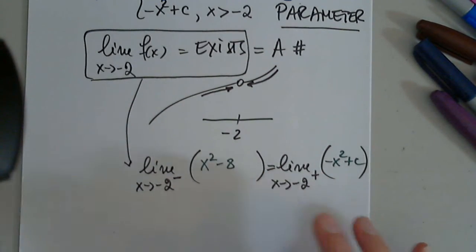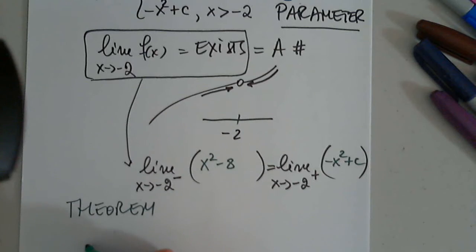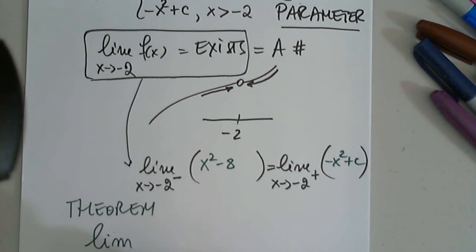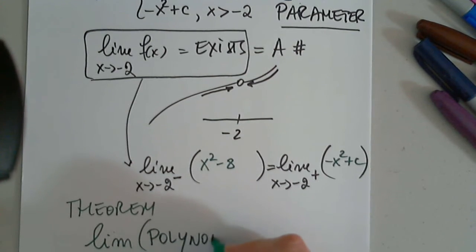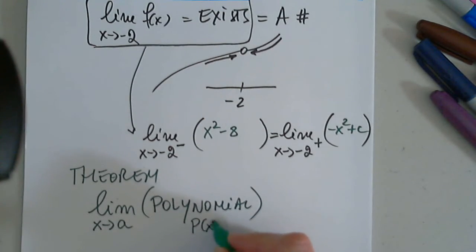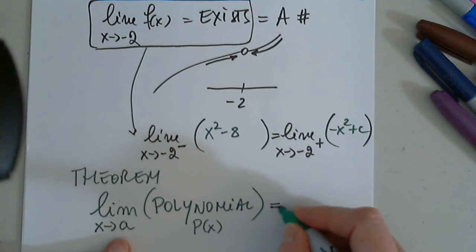I was going to do something like this in 1.2, but here is a theorem. When we determine the limit as x approaches a, from the left, from the right, from either side, it doesn't matter, of a polynomial, and I'm going to call this polynomial p of x, all I have to do is plug it in.